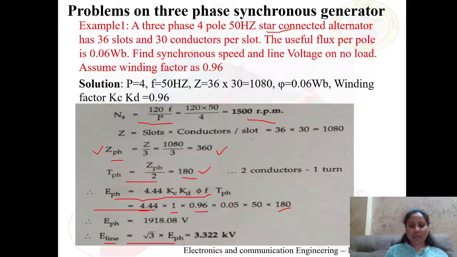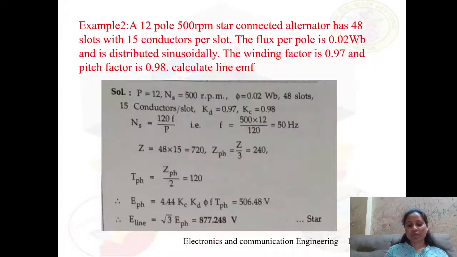We will get the value of EPH as 1918 volts, and the line voltage, √3 times EPH, is 3.32 kilovolts.